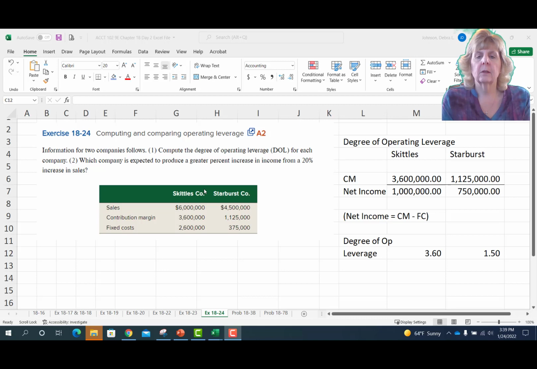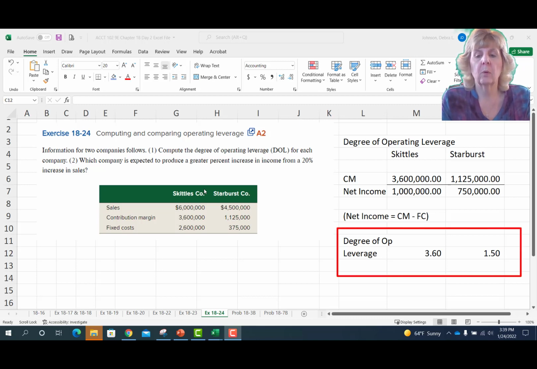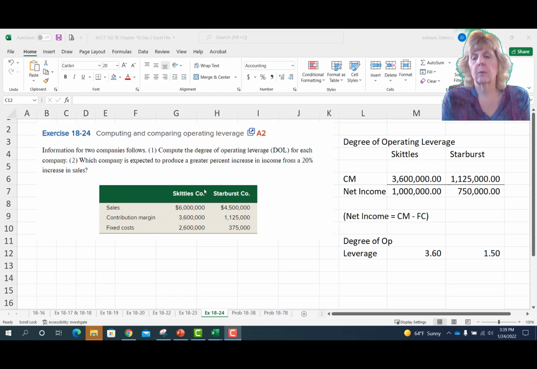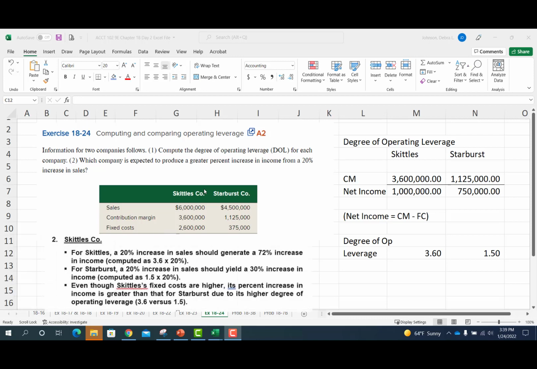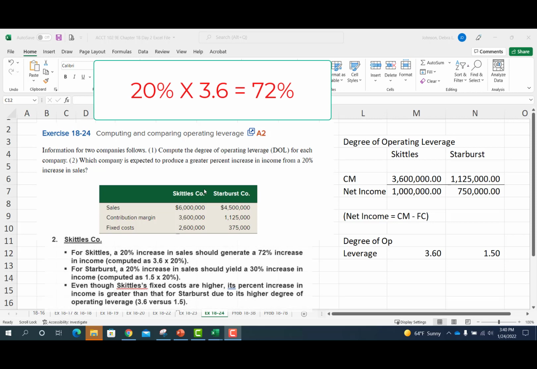But in any case, when you take the contribution margin and you divide by the net income, you see that Skittles has a degree of operating leverage of 3.6 times, and Starburst has a degree of operating leverage of 1.5 times. What that means is if the company had a sales increase of 20%, then the net income would go up by 72% for Skittles.